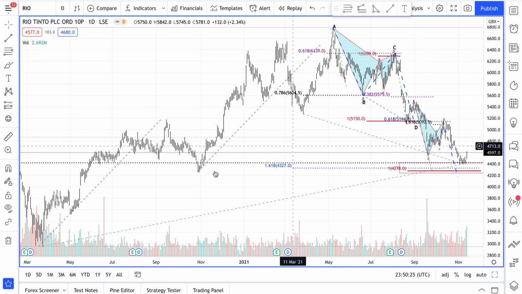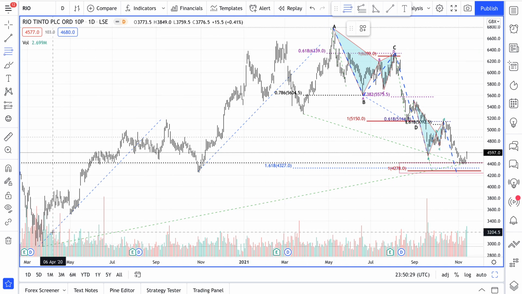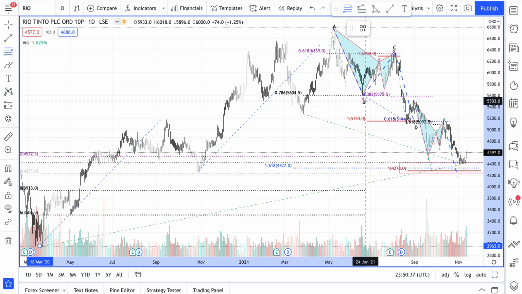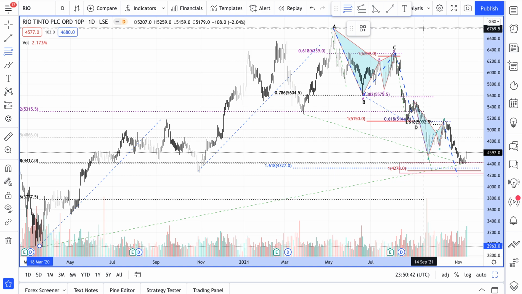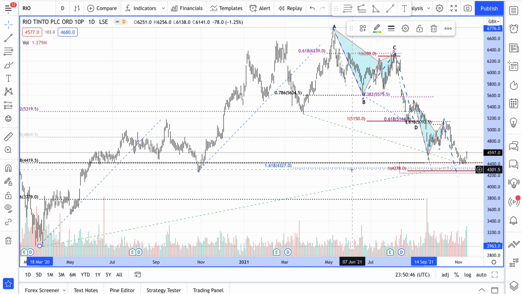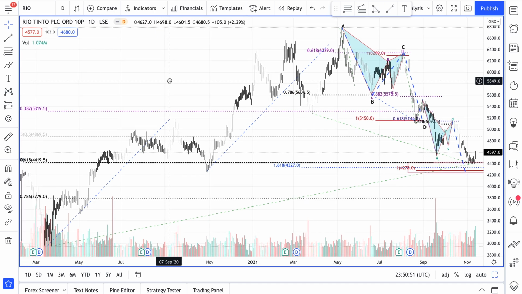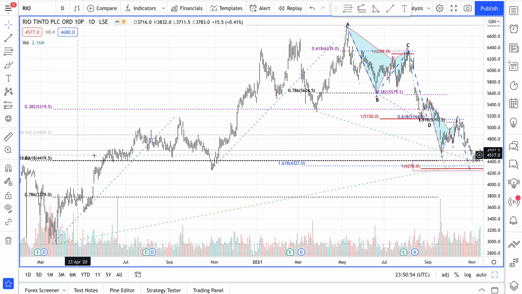If we take a simple Fibonacci retracement tool in this TradingView charting platform, and take the low formed in March of 2020 and the high in May of 2021, we find that the price recently hit the 61.8% Fibonacci level, which is represented by this black dotted line.